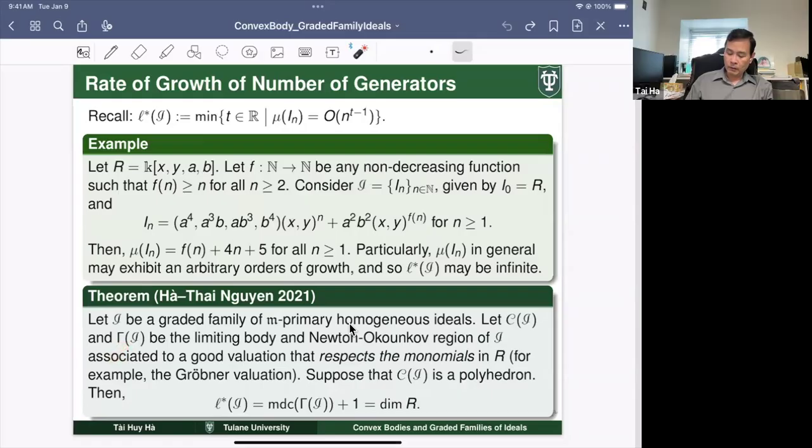We also assume that this good valuation respects the monomials in the ring R. One particular example of such a valuation is the Gröbner valuations. Then in this case, this L star is the same as 1 more than the maximal compact dimension of its Newton-Okounkov region, and it happens to be exactly the same as the dimension of R in this case.